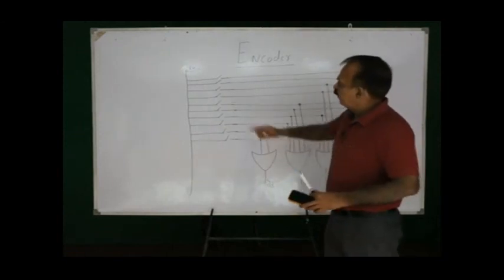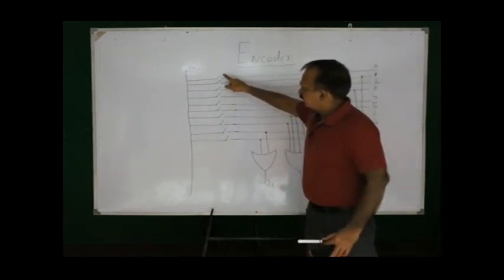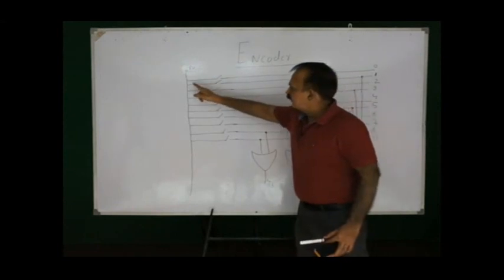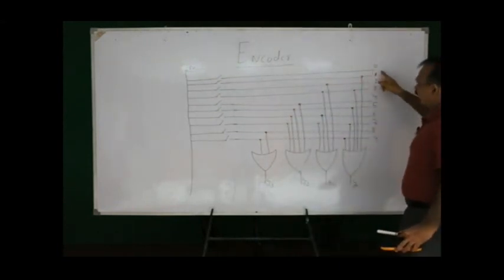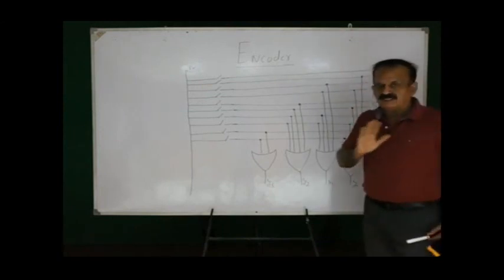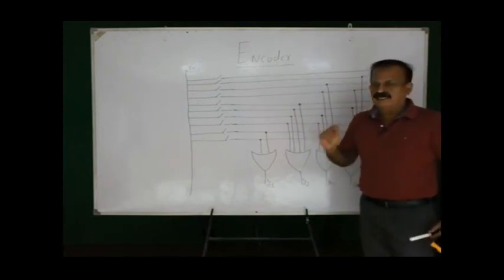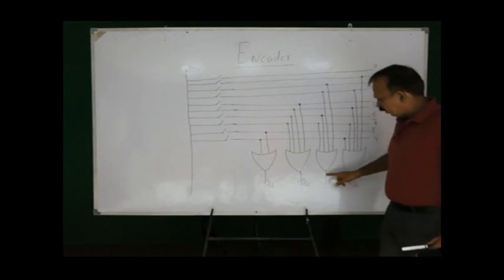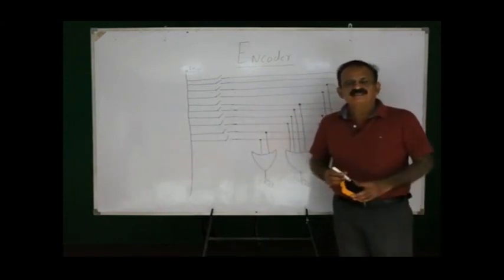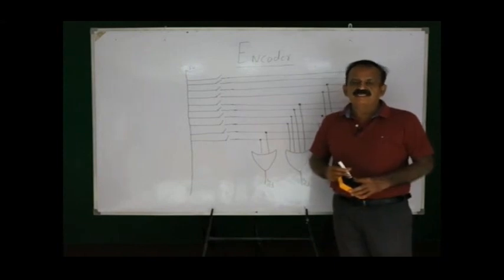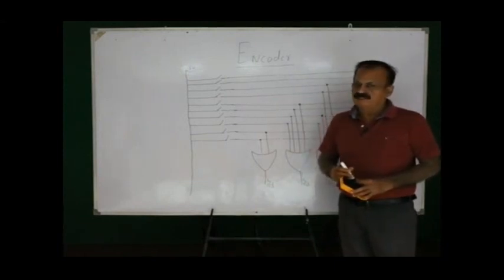Let it be, first I press the key for this one. If I am pressing the key for this, there will be current in this topmost horizontal wire. This wire is not connected to any of the OR gates. So the outputs of the OR gates will be 0 0 0 0 and that is nothing but the binary equivalent of the number 0.